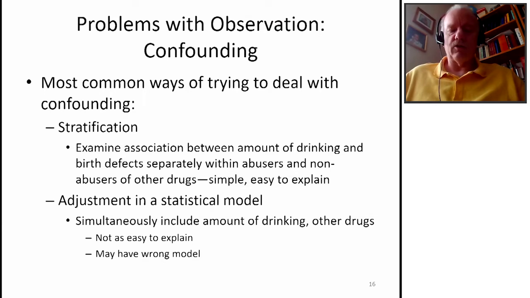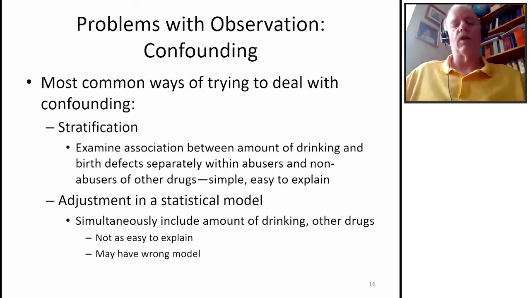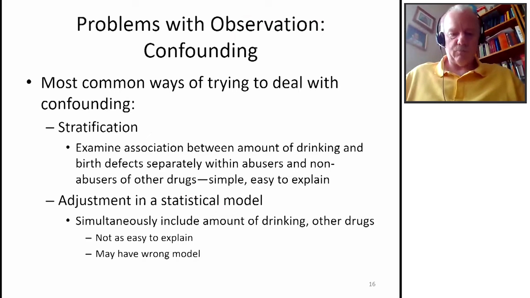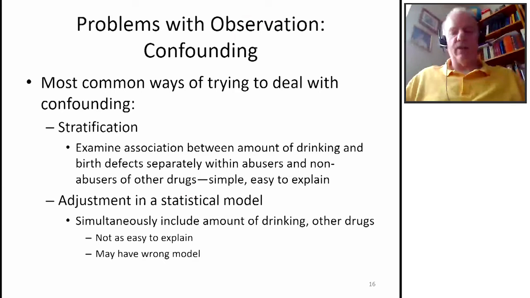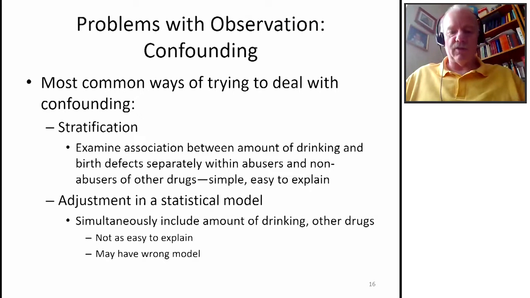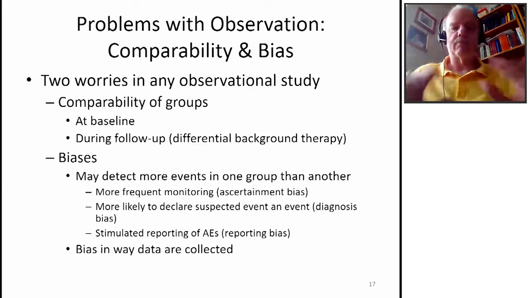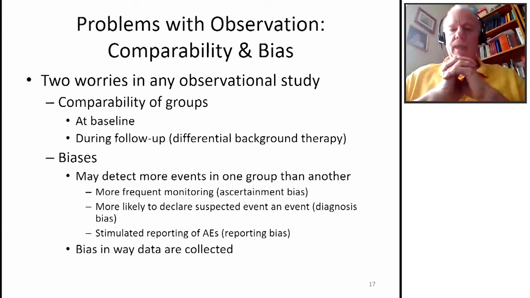Or you can also use a statistical model to adjust for the fact that people are abusing other drugs. In that case, in your statistical model, you would include the amount of drinking, and then you would include a term for other drugs. This approach is not quite as easy to explain, and there's the problem that you may have the wrong statistical model. But those are two ways that people often adjust for other factors.